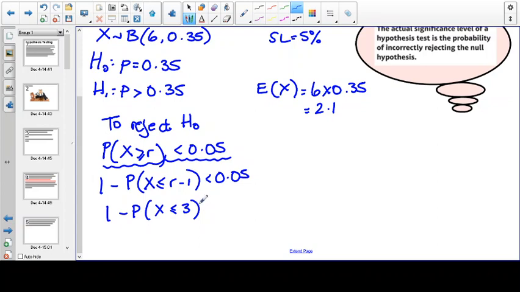So we'll say x is 3, n is 6, probability is 0.35. So that's 1 minus 0.883, which is 0.117, okay, which is too big. So let's test 4.